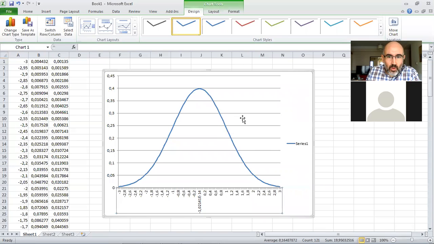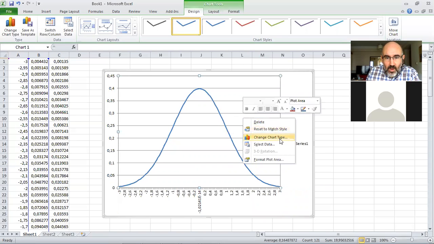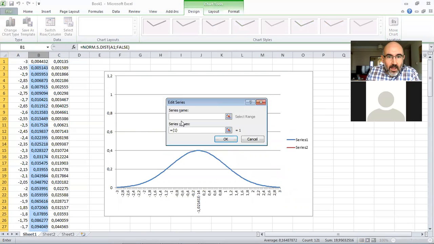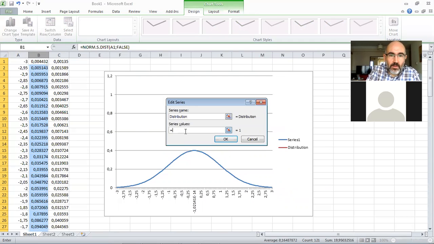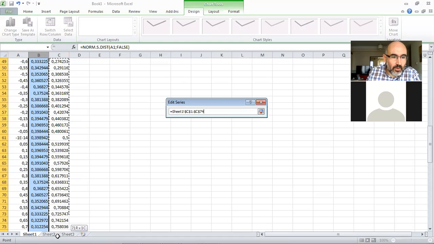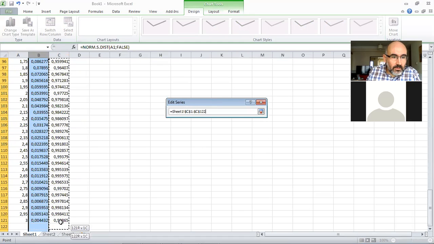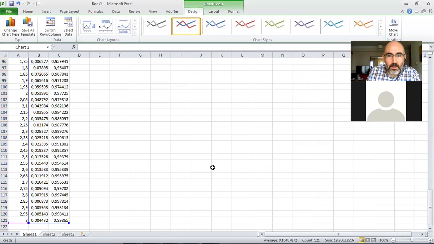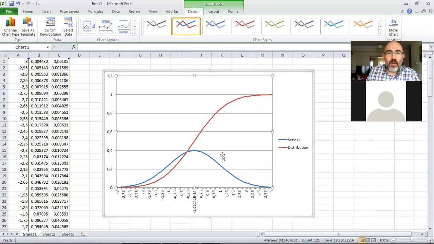Now let me put on top of this the distribution, with values from the distribution less than or equal to. So now you can see this is the distribution, and the blue line is the density.